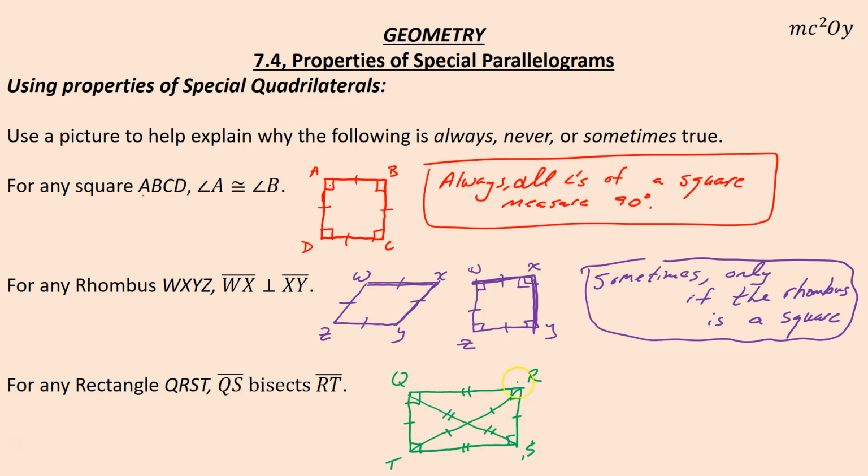Well, remember, a rectangle is also a parallelogram, and a parallelogram always has diagonals that bisect each other.